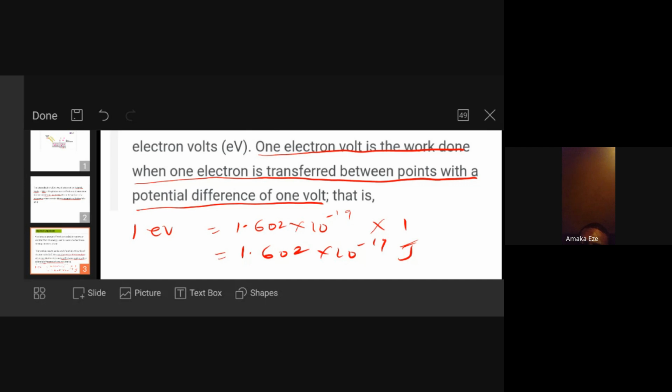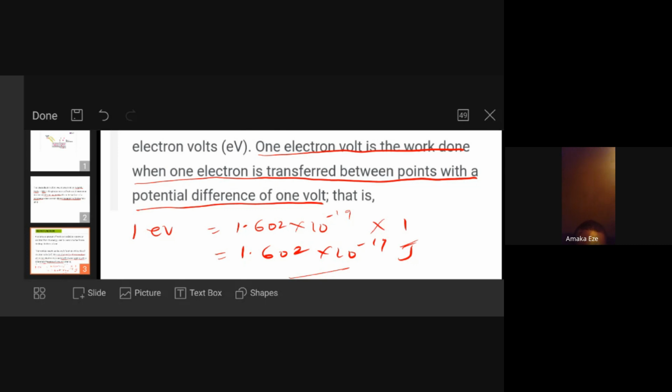And anytime you multiply coulombs and volts, the outcome is joules. So this is how to convert 1 electron volt to joules. So if you are trying to solve a problem where you need to convert from electron volt to joule, simply multiply the value given to you in electron volt by 1.602 times 10 raised to the power minus 19.